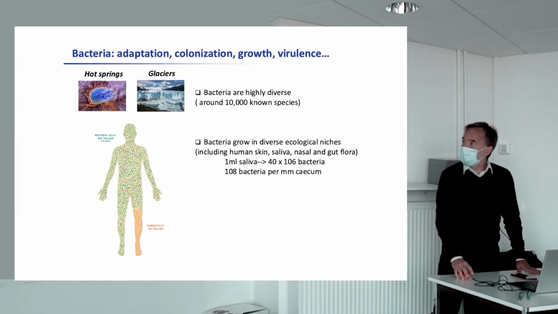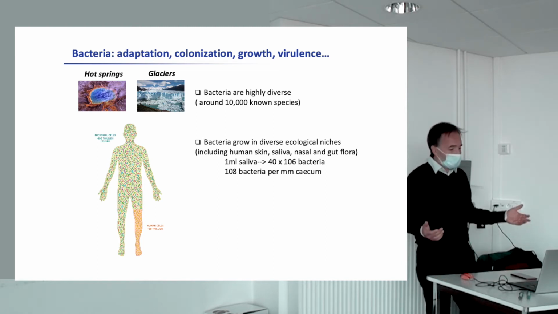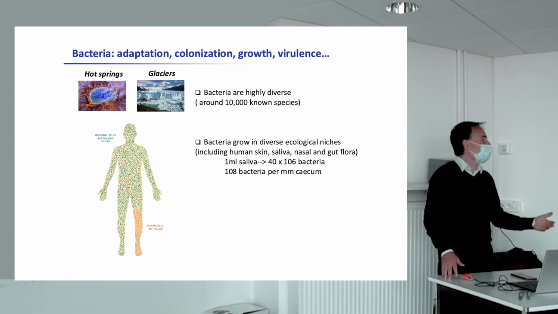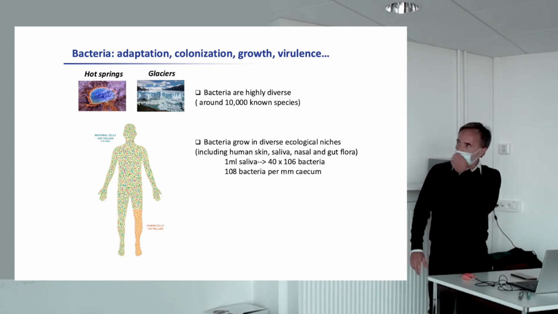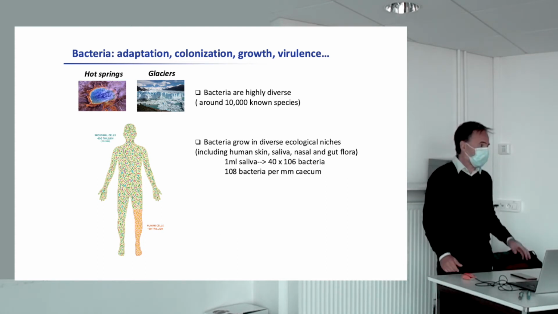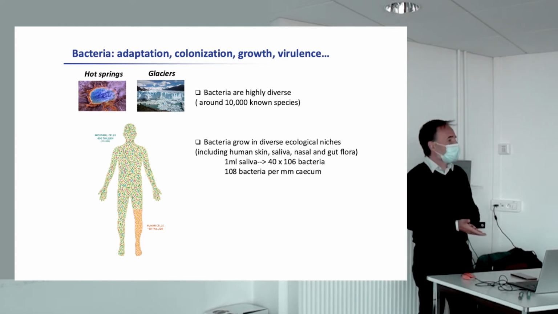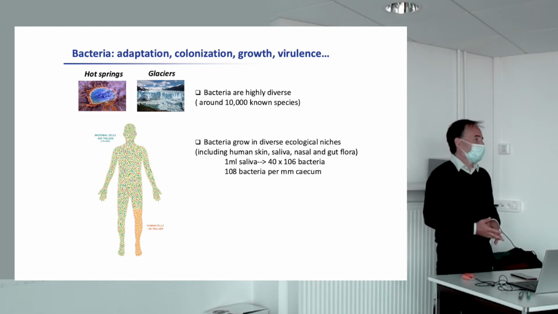Okay, so as I told you, we are going to speak about bacteria. Bacteria are really remarkable organisms because they are able to adapt to different environments. They are able to adapt to high temperature, low temperature, different pH range, and saline conditions. They have the capacity to change their metabolism and to change their proteome to reflect the new environment in which they are living.